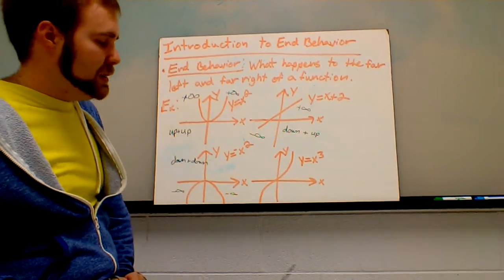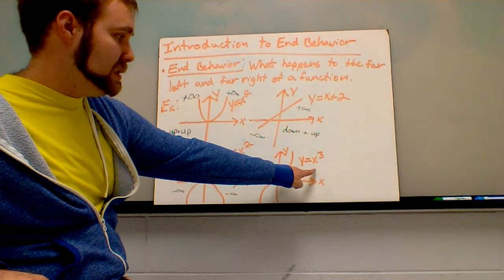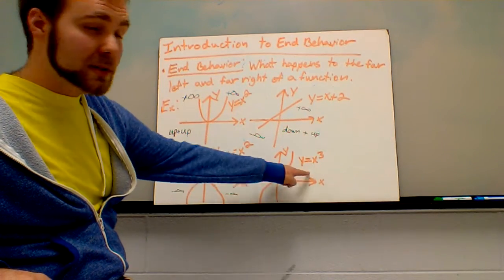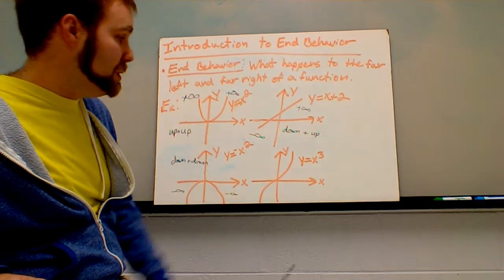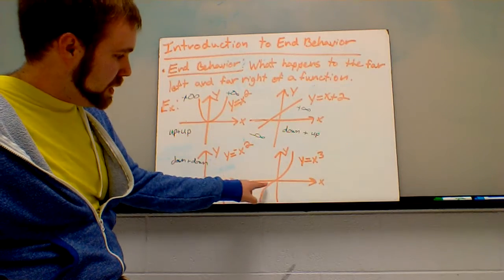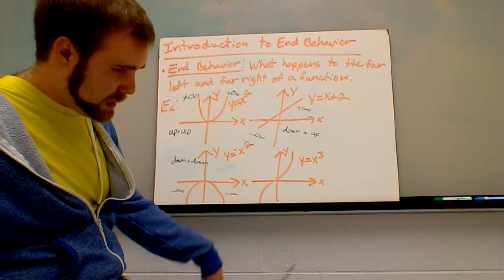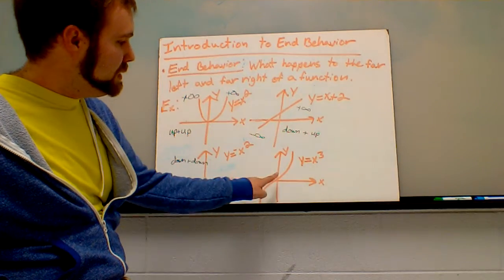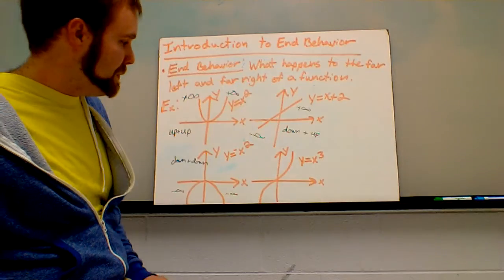In one more case, this is a graph that I went over a harder version of earlier. This is the easier version, and that's just y equals x cubed. So in this graph, as you go out to really negative values, this just keeps going down and down and down. As you get more positive in your values of x, it goes up and up and up.